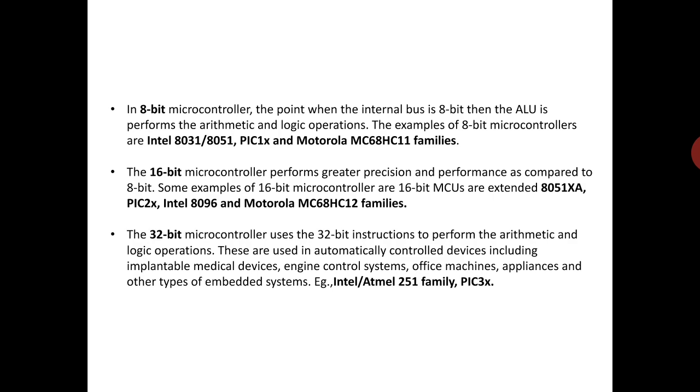These are used in automatically controlled devices including implantable medical devices, engine control systems, office machines, appliances and other types of embedded systems. Examples of 32-bit microcontrollers are from Intel or Atmel, which are the manufacturing companies: the 251 family and PIC 3X.